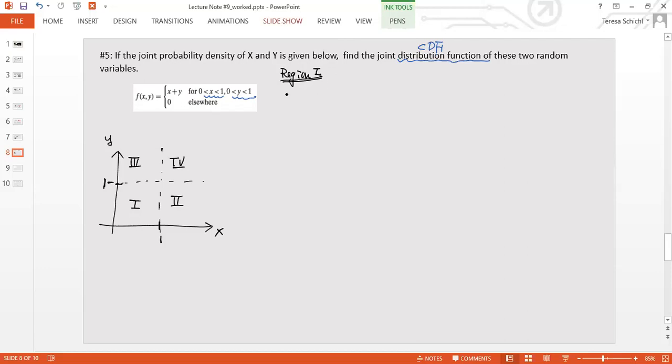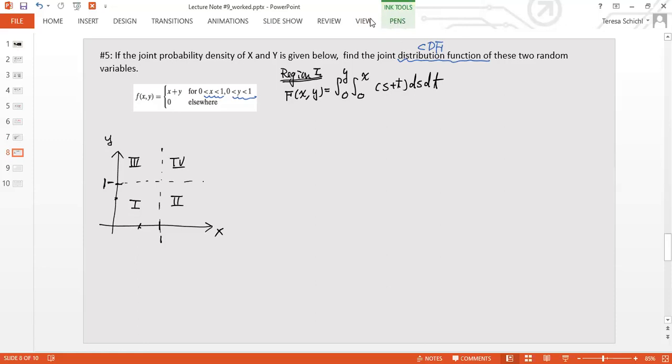Based on my CDF of X, Y, I'm starting from 0 to X, then from 0 to Y. Instead of using X, Y here, I will say S plus T, then ds dt, right? So this is your PDF. You integrate it up to X, that means X could be here, could be here. That's region number 1.